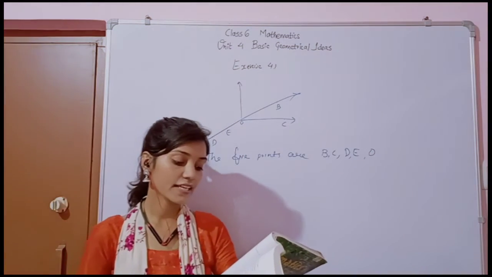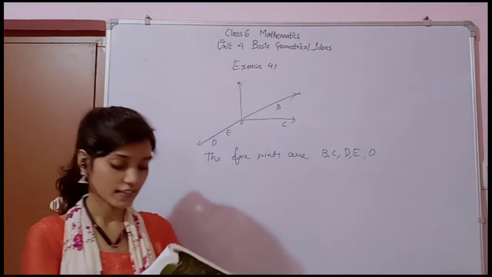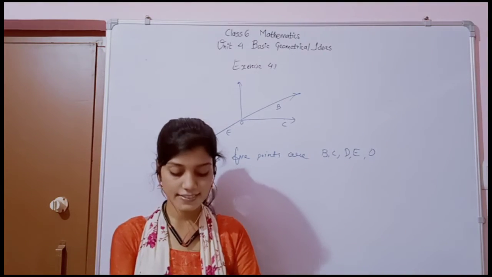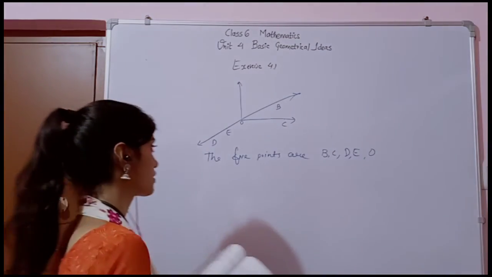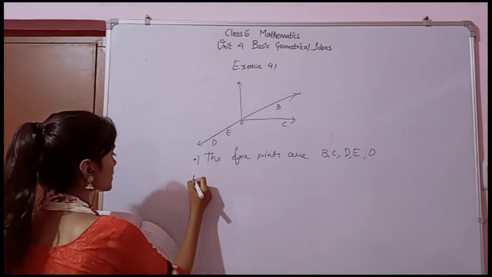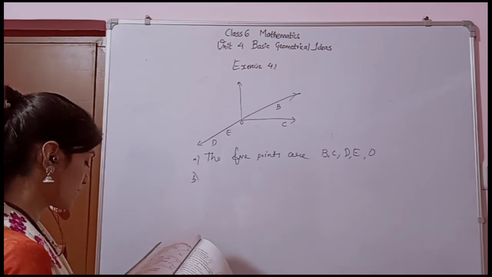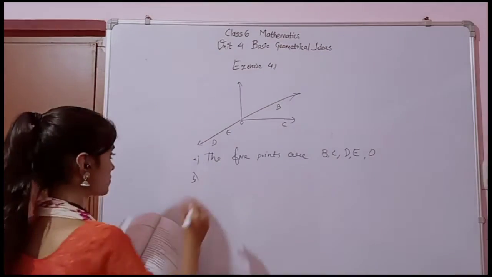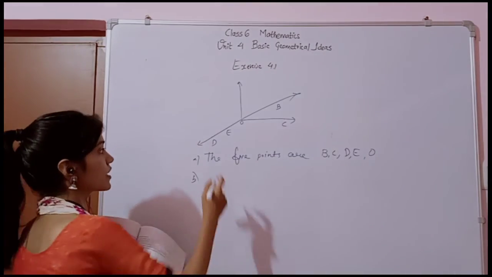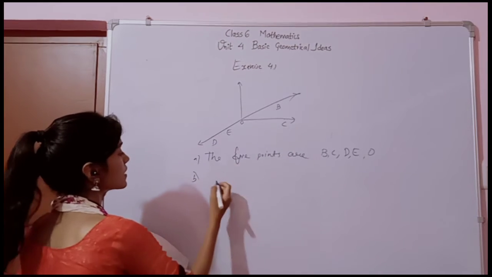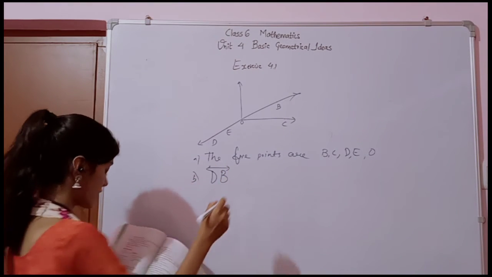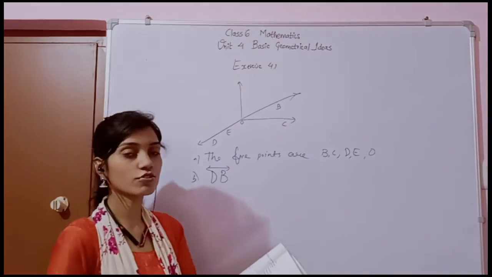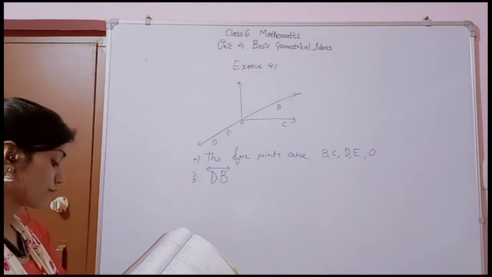Next is B, a line. Now you have to name the line that is present. So this is the solution of A, and this is the solution of B. Let's see which is the line. You can say that DB is a line. So write line DB. Next question is 4 rays. Now you have to name the 4 rays.